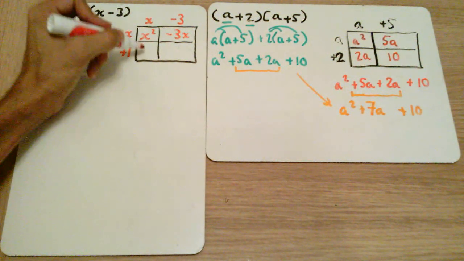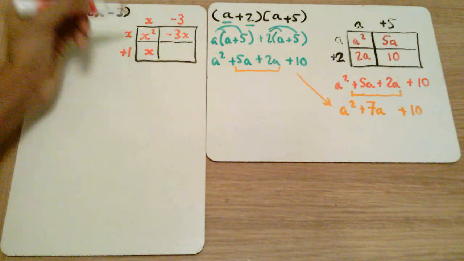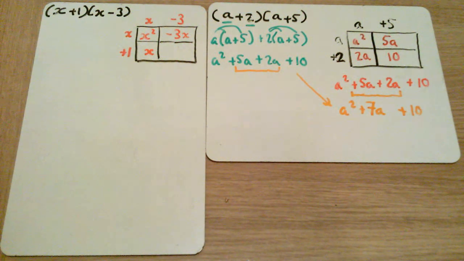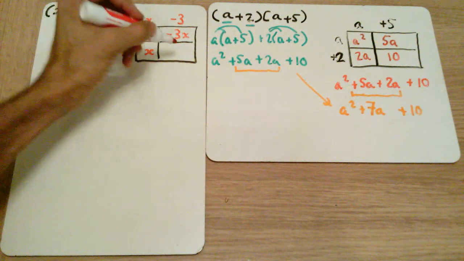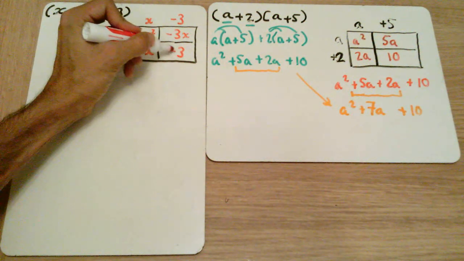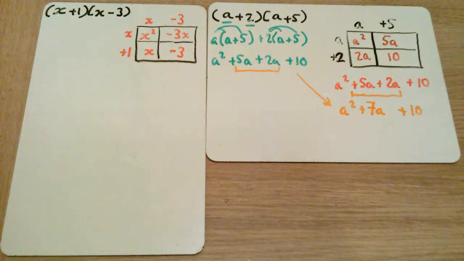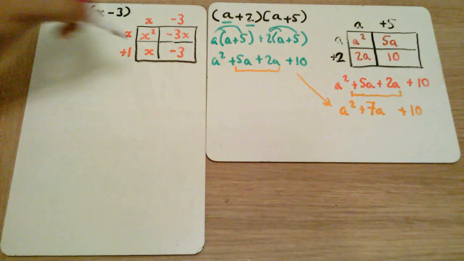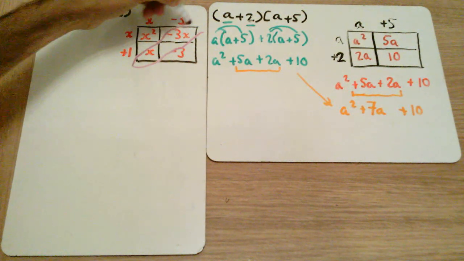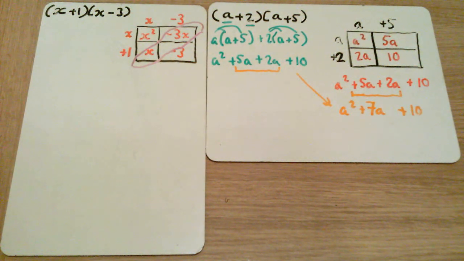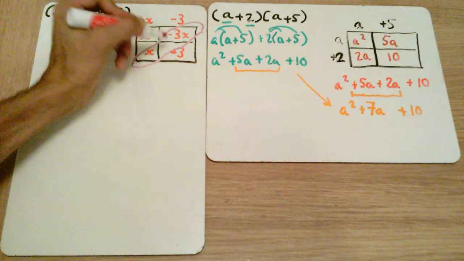X times plus 1 is either 1x or x, however you want to write that. And minus 3 times 1 is minus 3. Now, we check for any like terms. There are like terms in this case, and the like terms over here are going to be the minus 3x and the x.